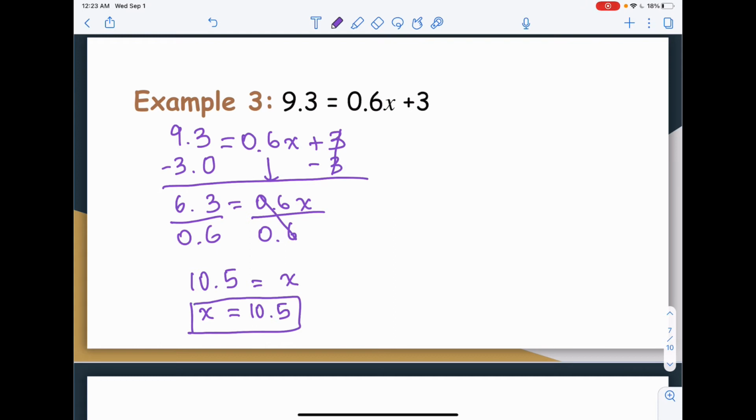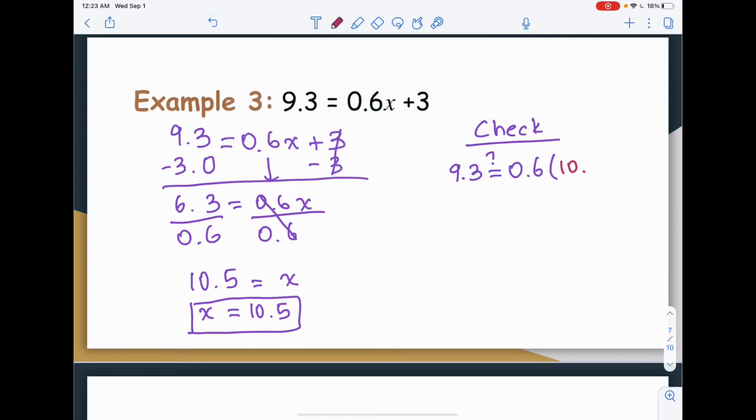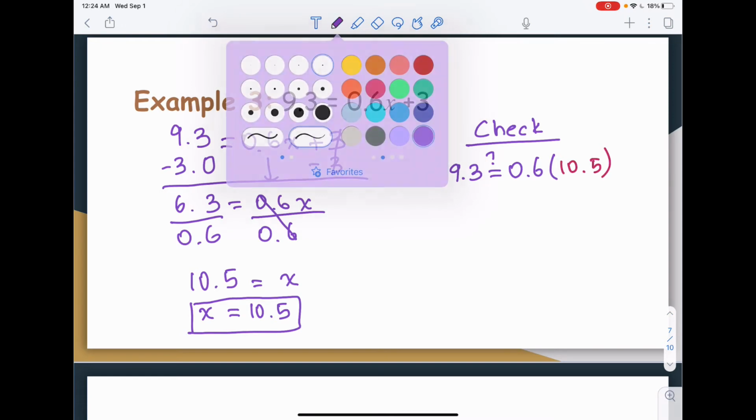Okay, let's check our work. 9.3 and then 0.6. We're going to go ahead and substitute 10.5 for x, and plus 3.